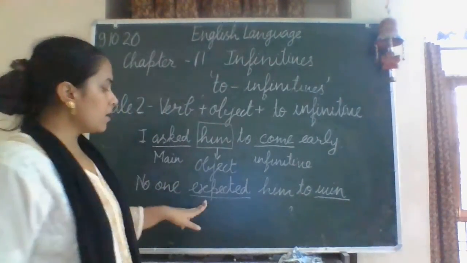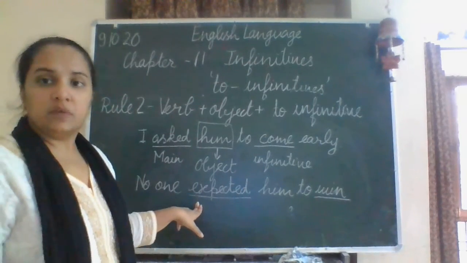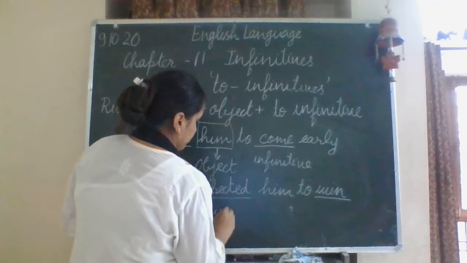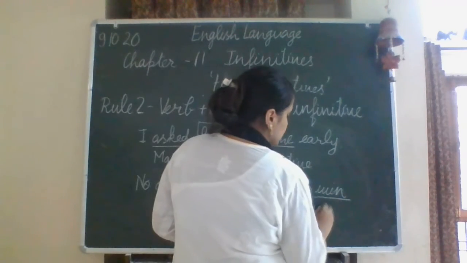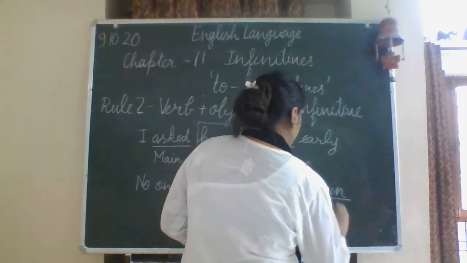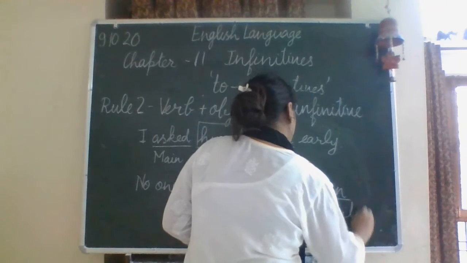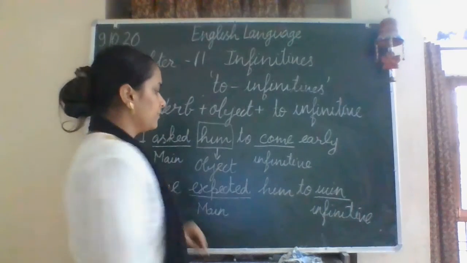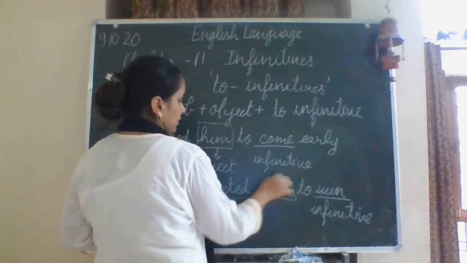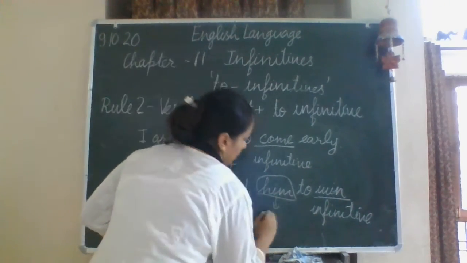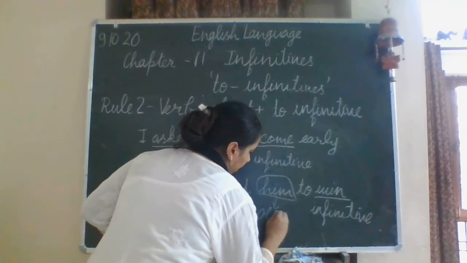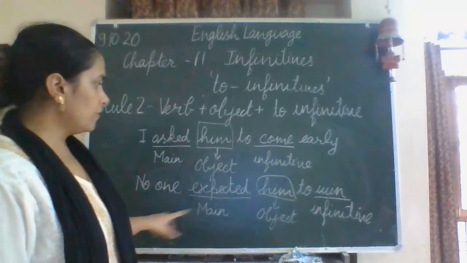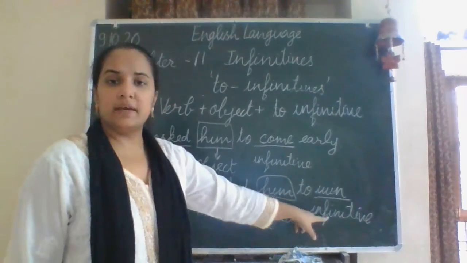Expected is the past form of the base verb expect. So this is the main verb. This is the infinitive, and here this is the object. So again, verb plus object plus infinitive.